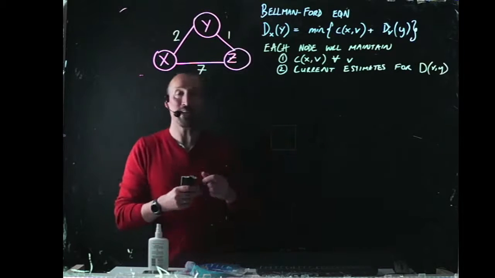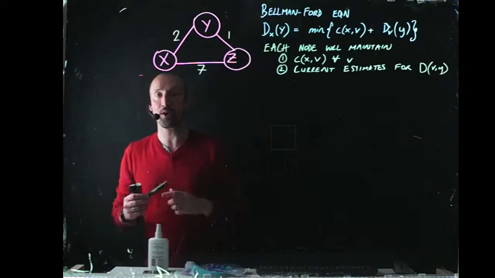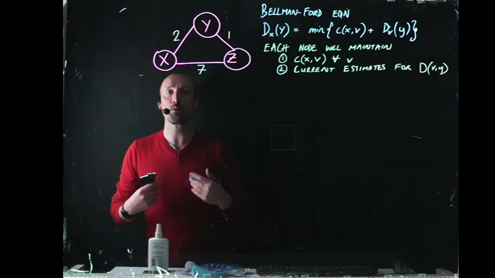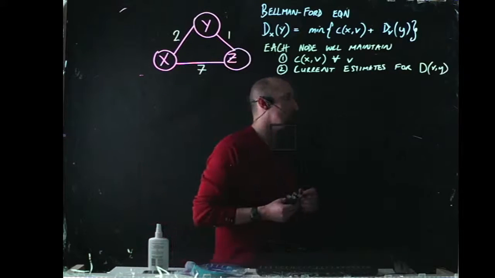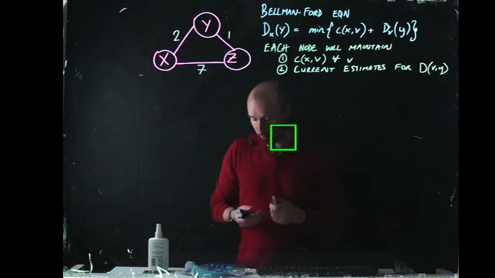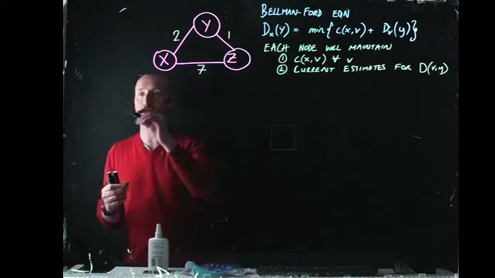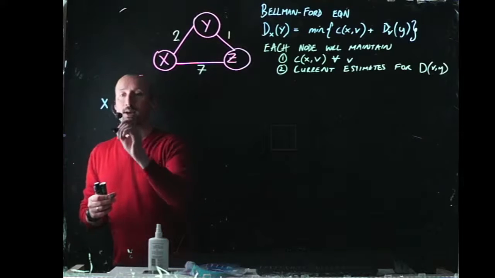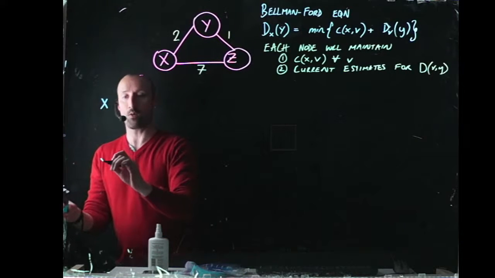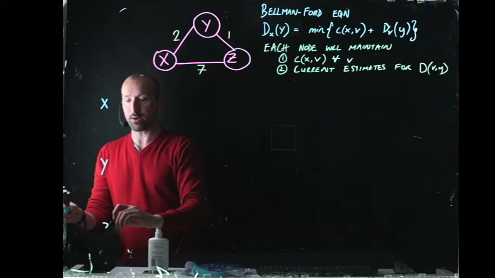So now each and every node here maintains its own table, its own routing table. So let's start off with x. Let's put our table down for x, and we'll have one here for y, and one down here for z as well.